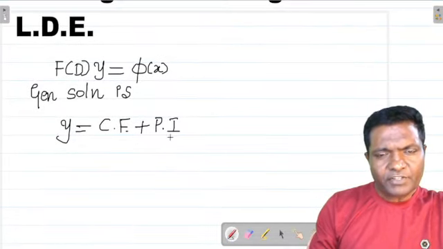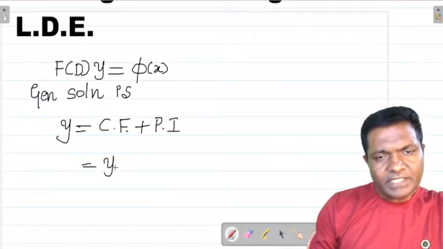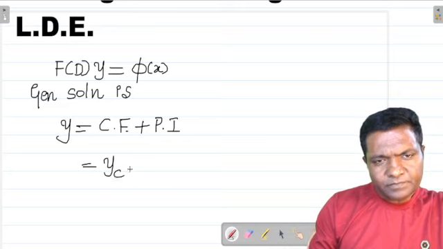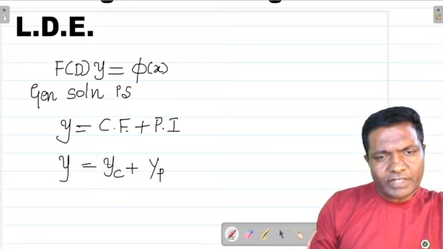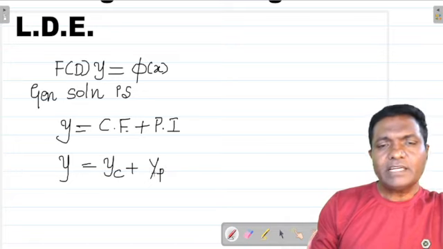So complementary function plus particular integral. The complementary function can be written as yc, and the particular integral can be written as yp. As you know how to find the complementary function, now we will discuss the particular integral.